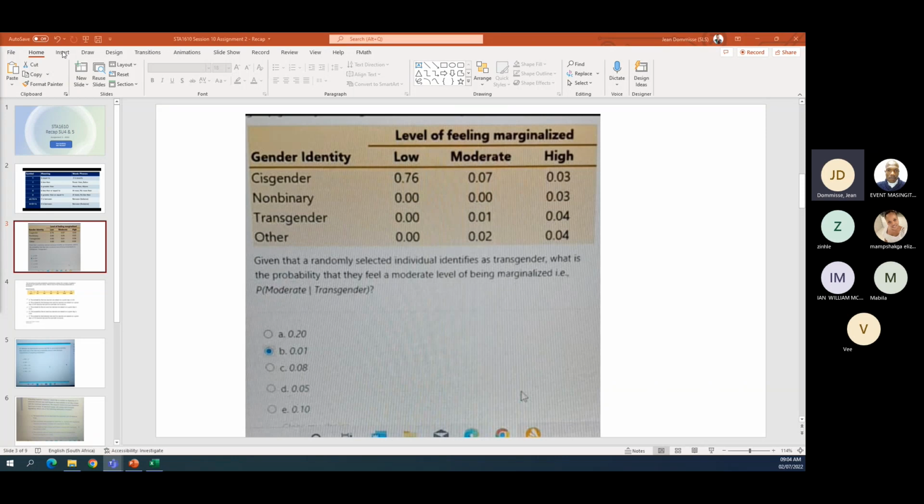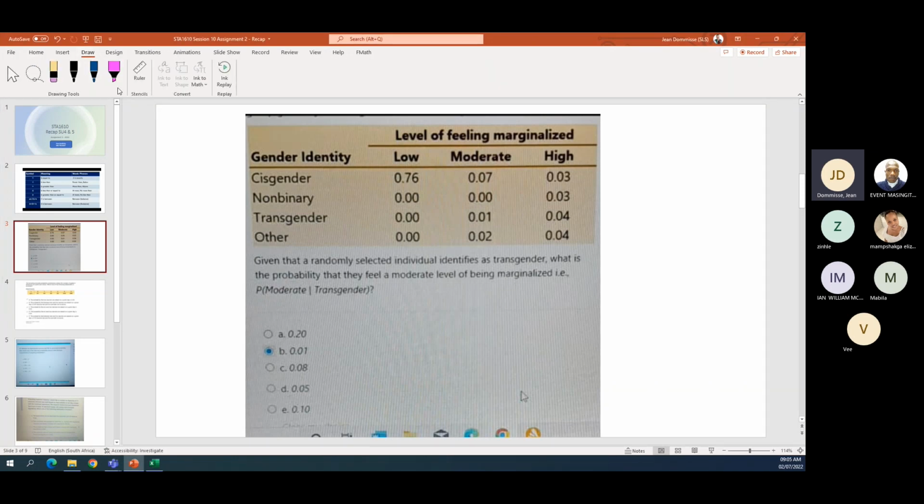So this was one of the questions, and like I always like to highlight, if you look at this, it would add up to 1. They have already worked out for you what the probabilities are.